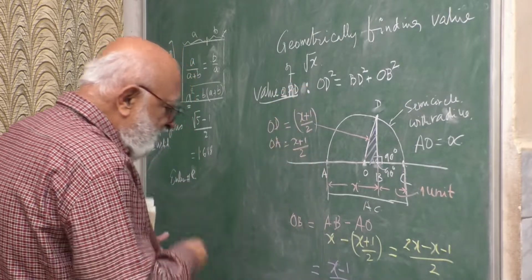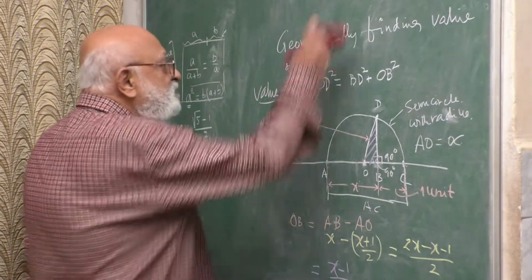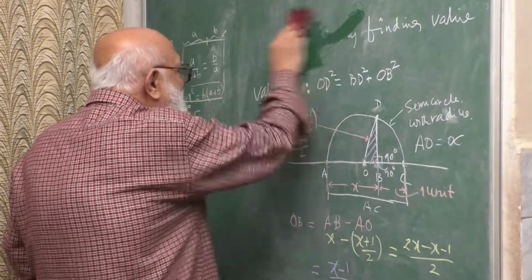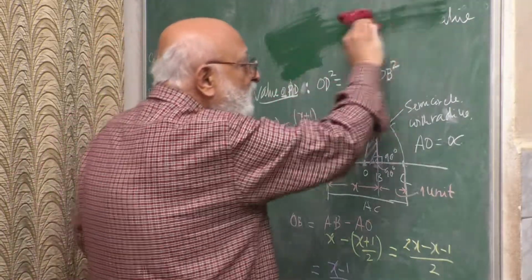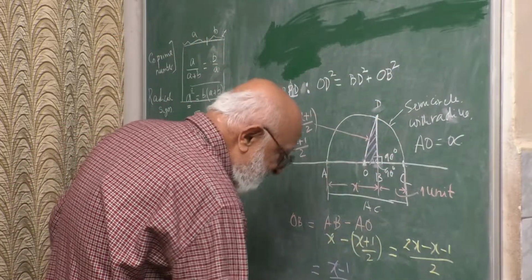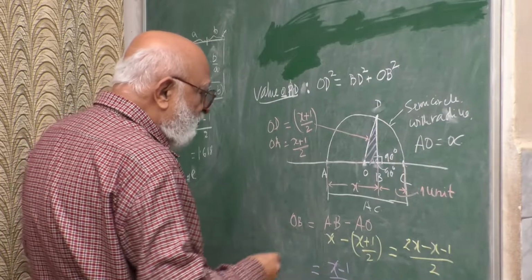Okay. So let me erase the top part of it, because you must have already seen this, or you can go back, and because this is a video, you can always go back and find out what was written here. Okay. Let's now put the values of OD. What is the value of OD?